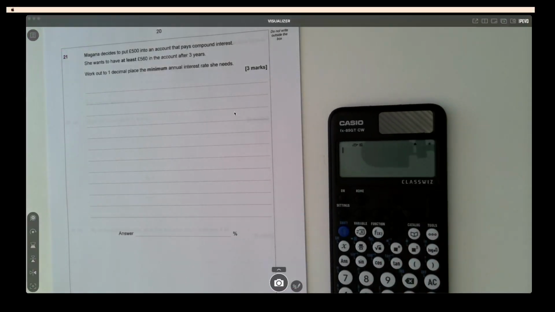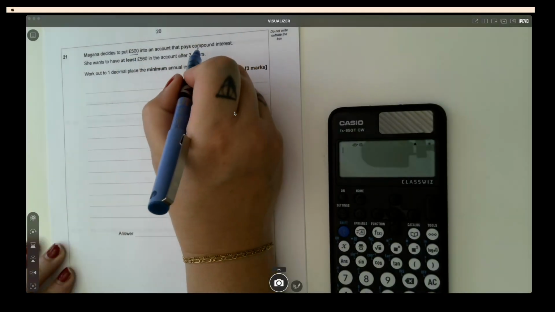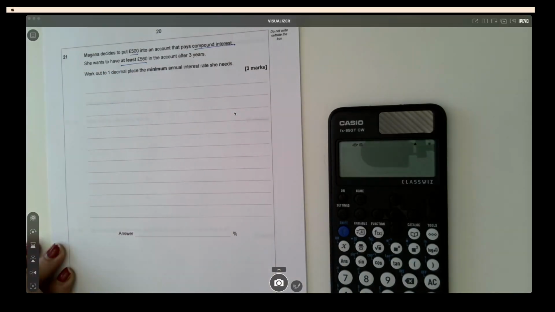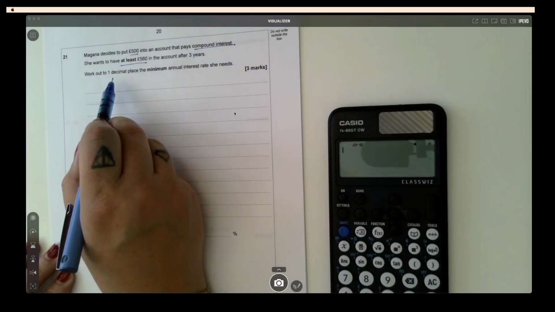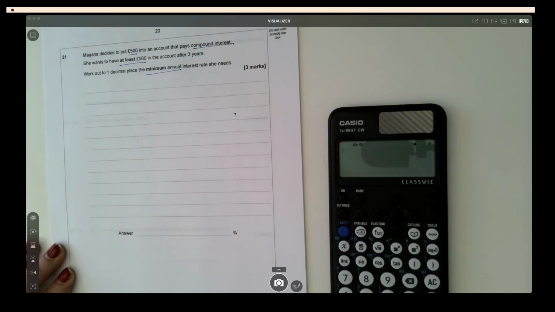Question 21. Megana decides to put £500 into an account that pays compound interest. She wants to have at least £560 in the account after 3 years. Work out to one decimal place the minimum annual interest rate that she needs.